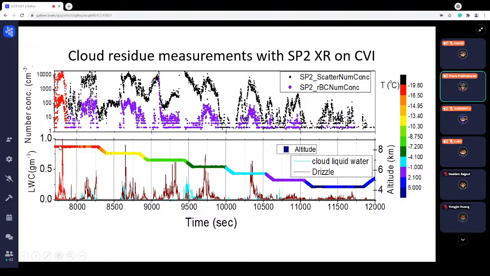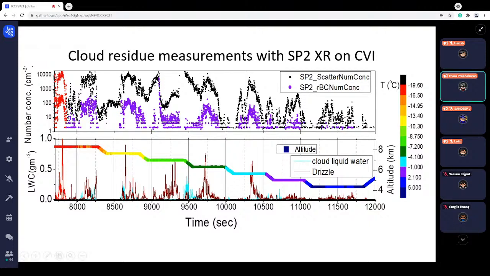This is one example of that seeding event. This is at a high altitude, like 8 kilometers we have gone. And then we have done the seeding event at this particular point, and then made the observations down. We have come through that stratus layer in many passes. In the lower plot, you see the liquid water content.